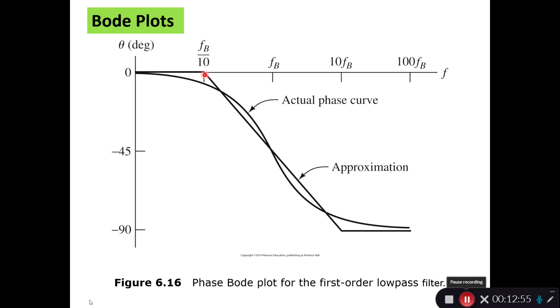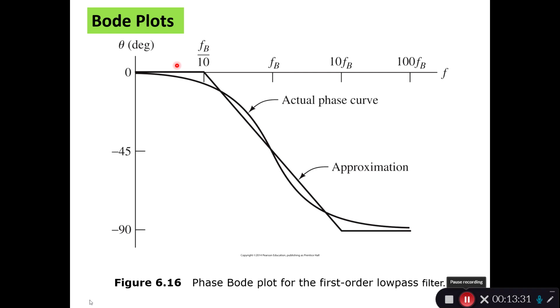So here we would draw a mark, and then from 0 degrees up to this mark, we draw a straight line, and from this mark until 10 times the break frequency, where we have 90 degrees phase shift, we draw a straight line through the point of 45. So this is then the sketch, and over 10 times the break frequency, it stays with 90 degrees phase shift.